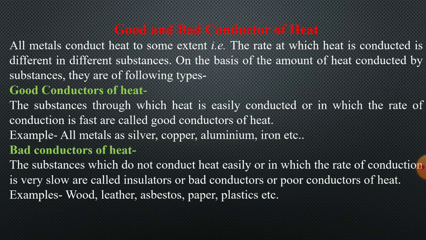We have also studied why silver is not used and why copper is used in wires. In the case of electricity, some metals are bad conductors, but here all metals are good conductors of heat.